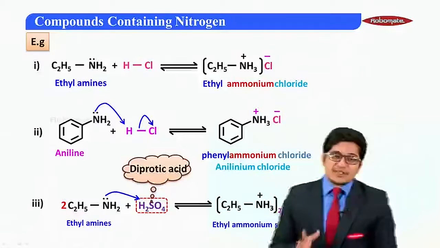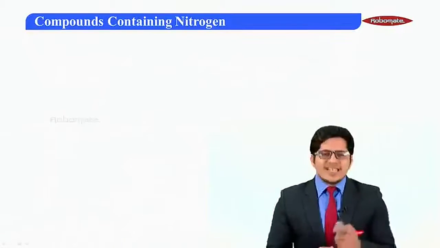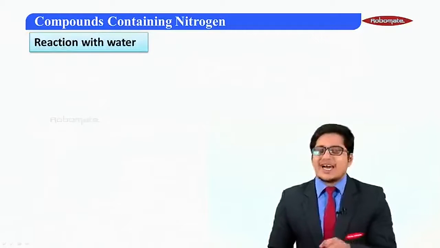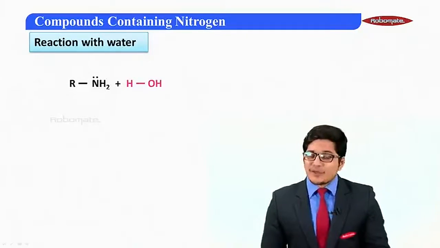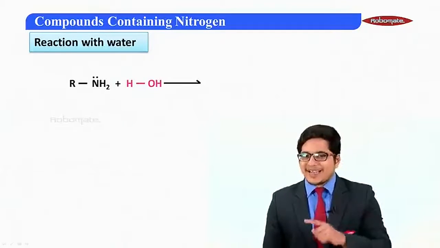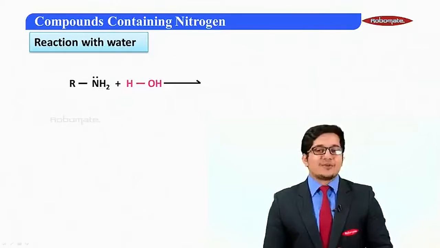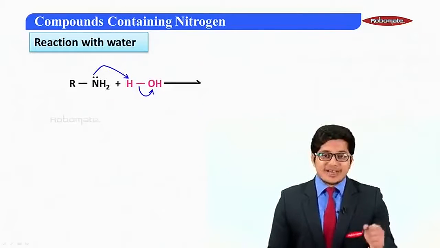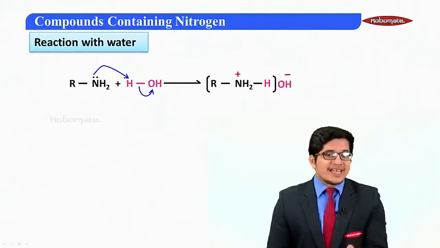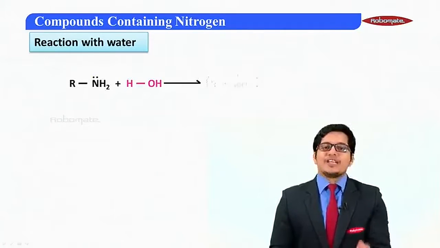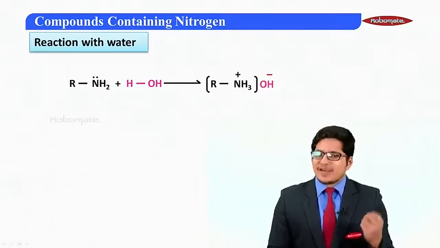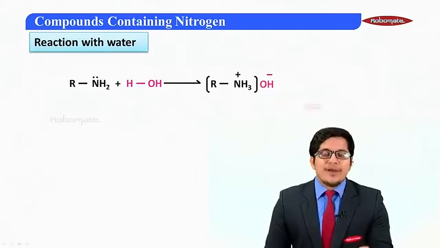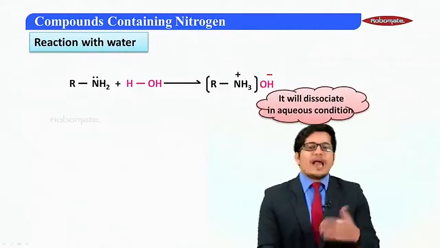So this was all about the reaction with mineral acids. Let's talk about when amines react with water. We take an amine and treat it with water. Nitrogen donates a lone pair towards hydrogen, giving us RNH3 OH minus, almost the same kind of compound.